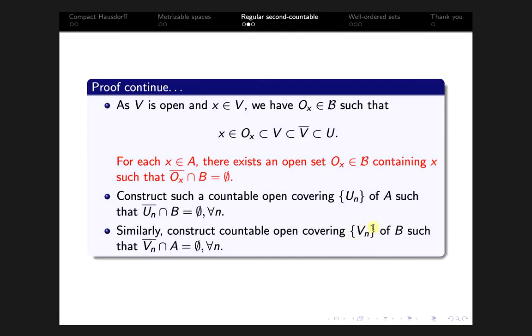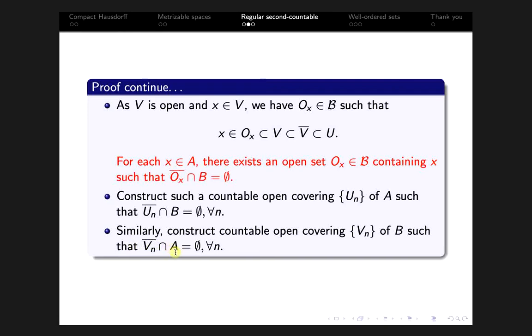So this is a countable collection of basic open sets that is the covering of B. And what property do the elements in this covering have? Vn closure intersection with A equal to empty for all n. So for every element, the closure has empty intersection with A.